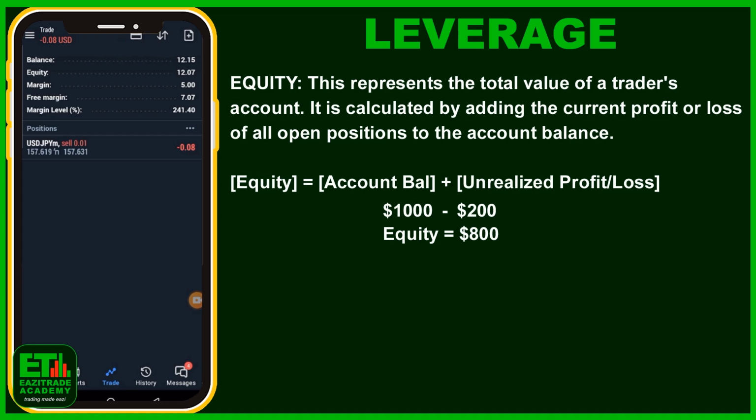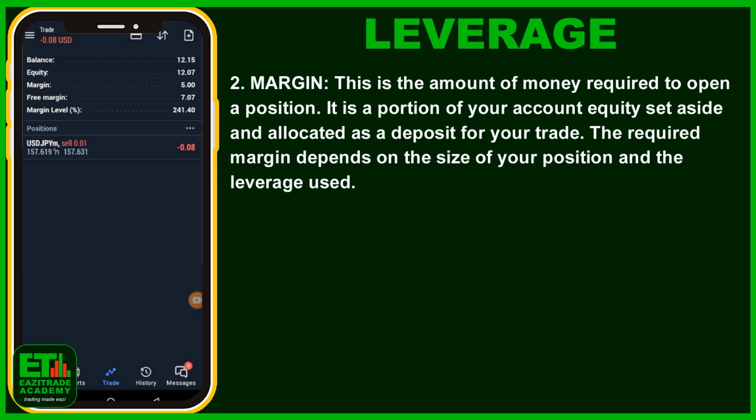The next is margin. Margin is the amount of money required to open a position. It is a portion of your account's equity set aside and allocated as a deposit for your trade. The required margin depends on the size of your position and the leverage used. So let's look at an example.